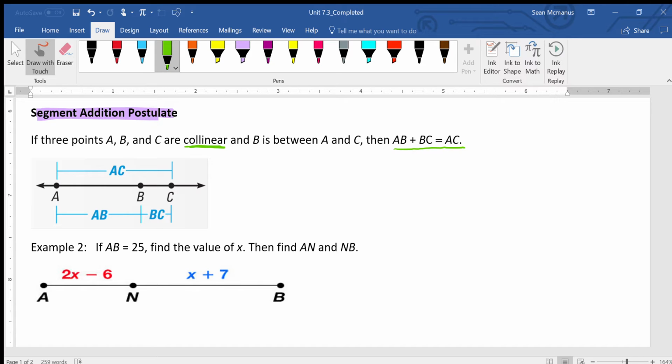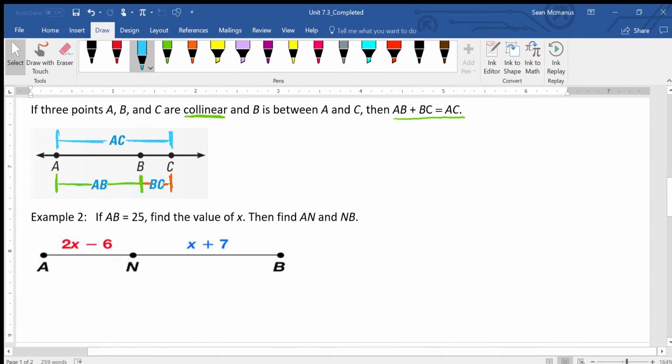When I look at my diagram here, it's maybe common sense: if I have this segment AB and this segment BC, and I add those two things together, it'll give me the length of segment AC. It seems like common sense, but it's something that we will utilize and interject some algebra, and it makes it a little bit more challenging.